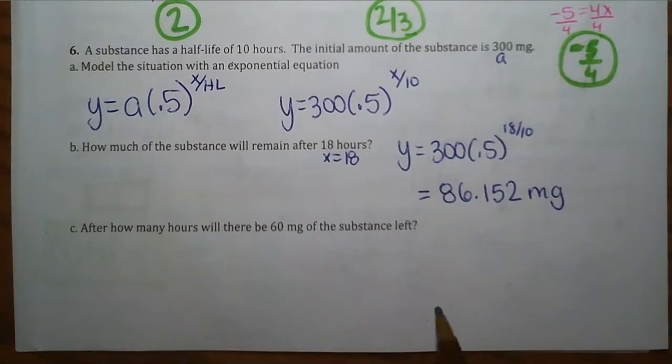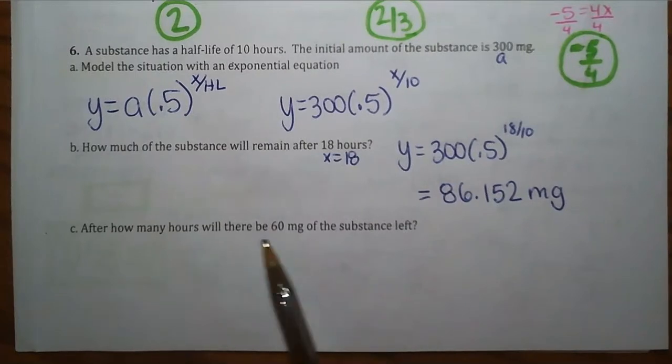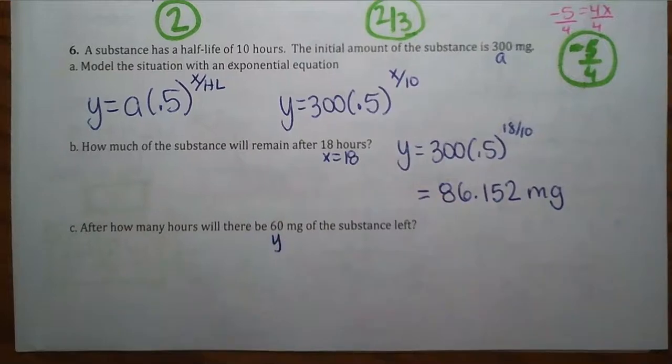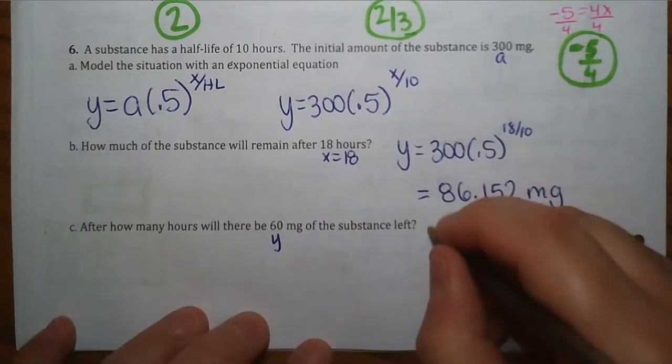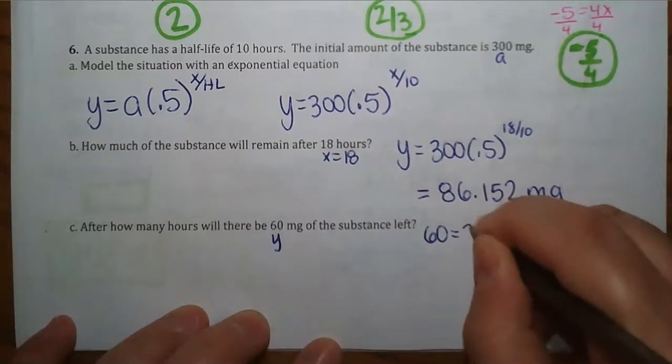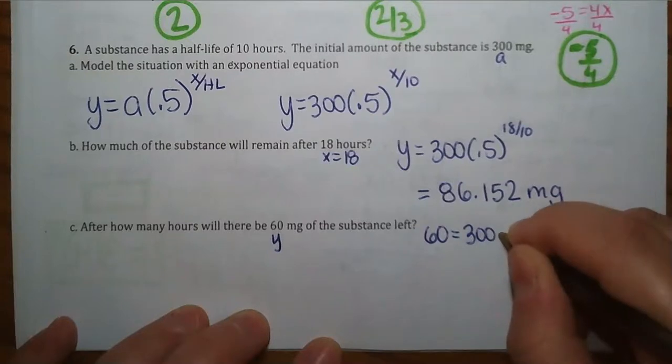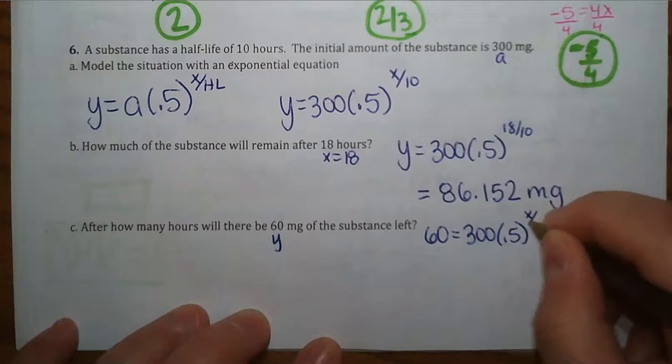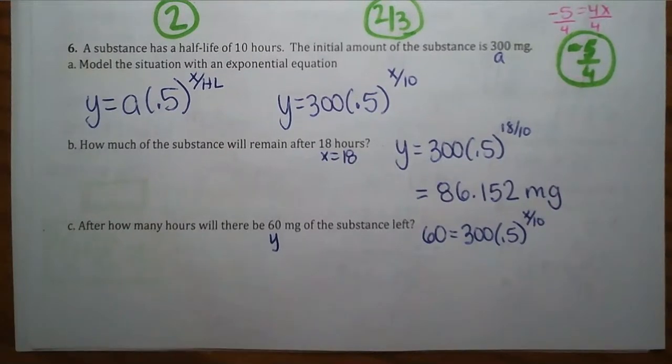Okay, last question. After how many hours will there be 60 milligrams? Y is what remains of the substance, so they're actually asking us to plug in 60 for Y. So what that would look like is this. And we don't know how many hours, so X is going to be a variable there. Anytime your variable is in the exponent, get rid of the number in front of the 0.5 here.